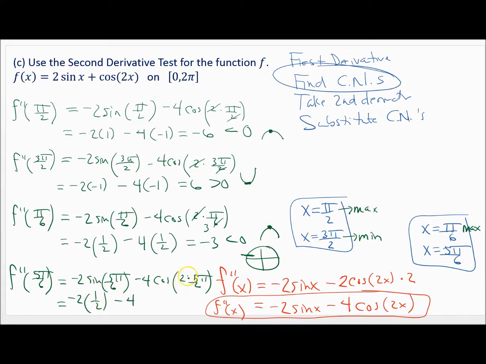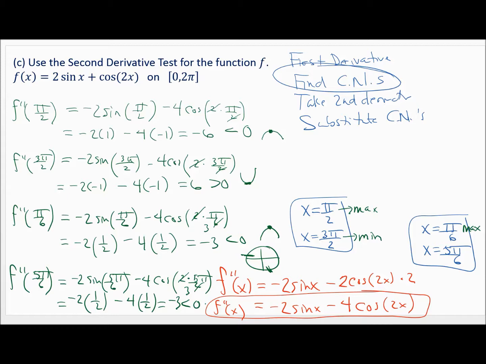Now, this 2 cancels there, so I'm really calculating the cosine of 5 pi over 3. So where is 5 pi over 3? That's 1, 2, 3, 4. 5 pi over 3 is right down here. The cosine there is positive, and it's the short one, so it's positive 1/2. So I've got negative 1 minus 2, which is negative 3, which is less than 0. Did I do that right?